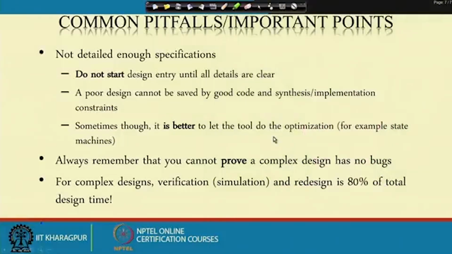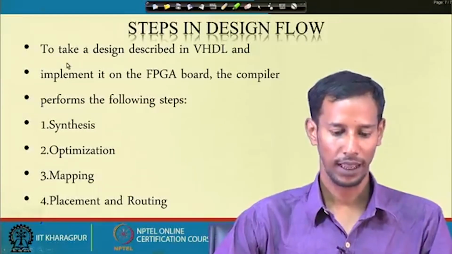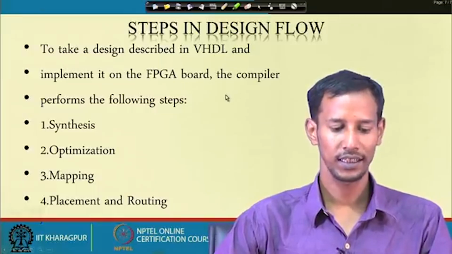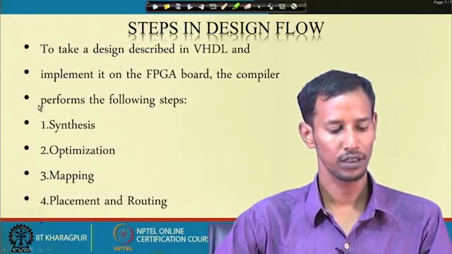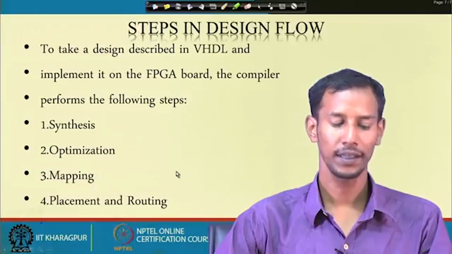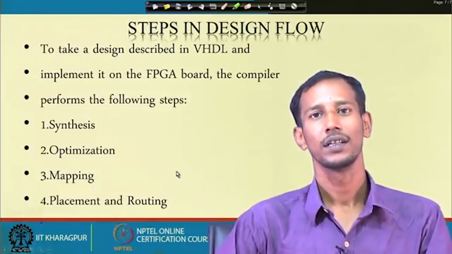The steps in this design flow are: describe using HDL, choose the implementation platform, then synthesis, optimization, mapping, placement and routing. These are the steps involved in the design flow.